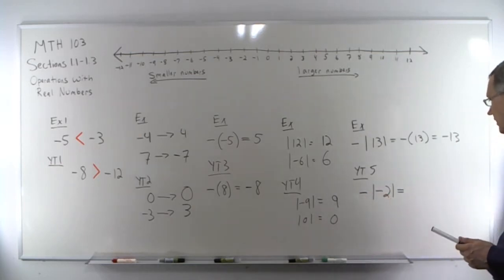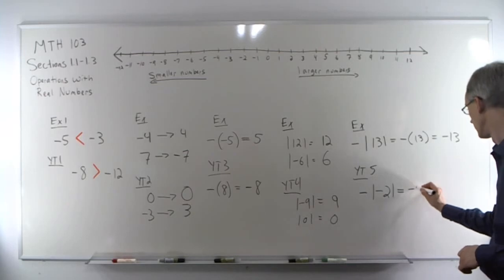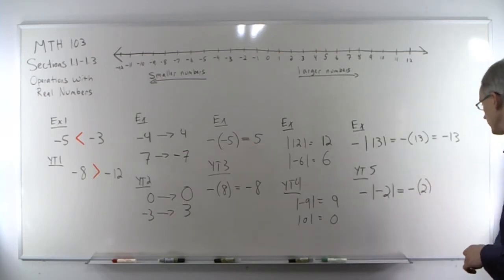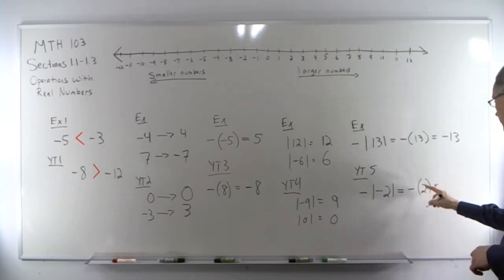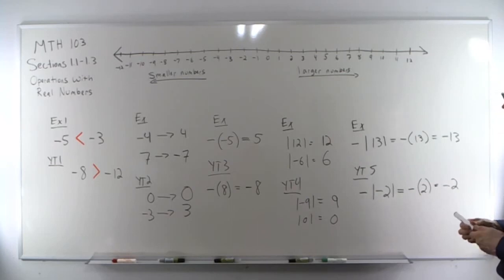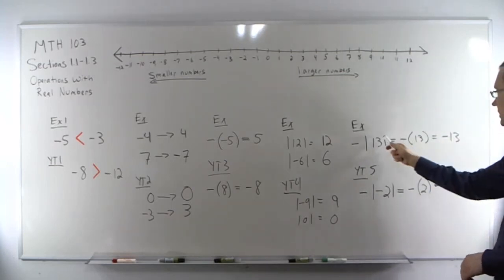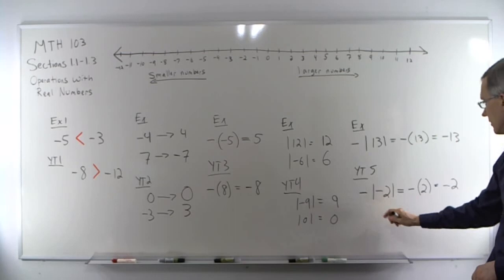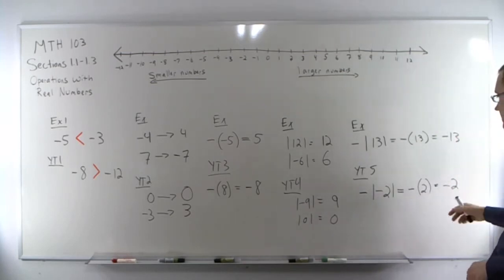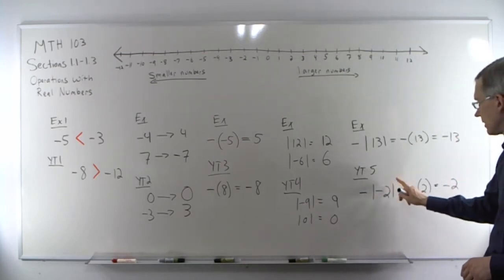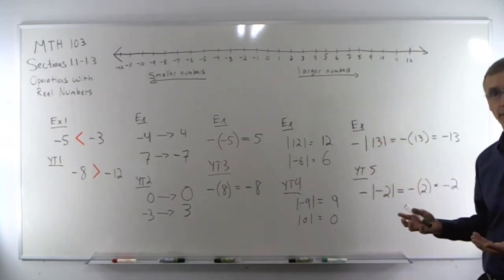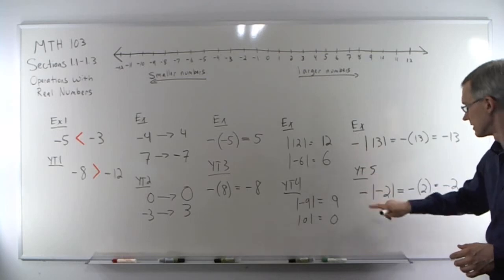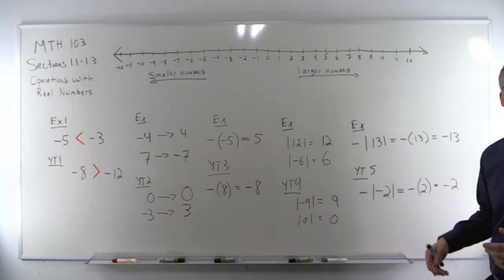So, absolute value of negative 2 is positive 2. And then just like we did up above, we can remove the parentheses, and that is just negative 2. You can see we get the same sign, same type of answer, because what's inside the absolute value bars is going to turn positive automatically, and then it becomes negative when you apply the negative on the outside.